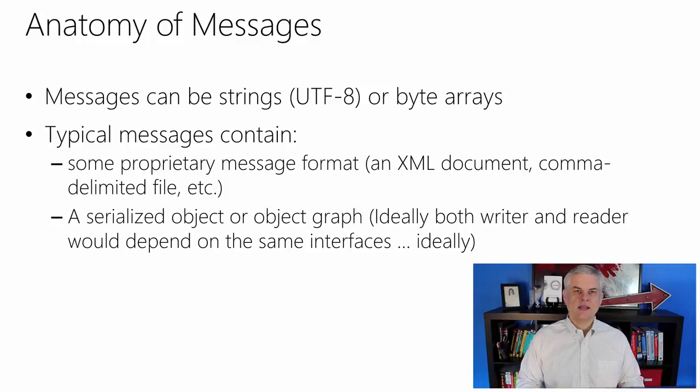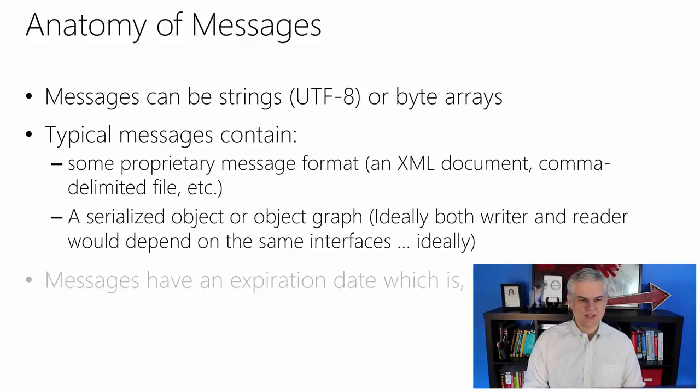Ideally, from an architecture perspective, both the writer and the reader would depend on the same C# interface to make sure that they're both expecting the same properties and so on for a given class that represents an object that you're writing out to a queue message.